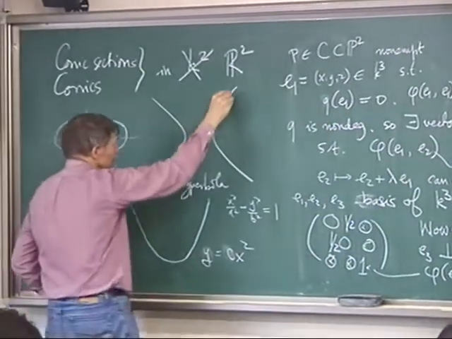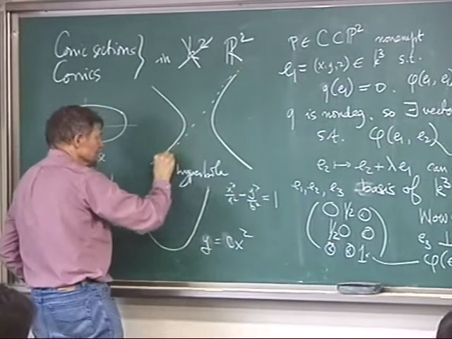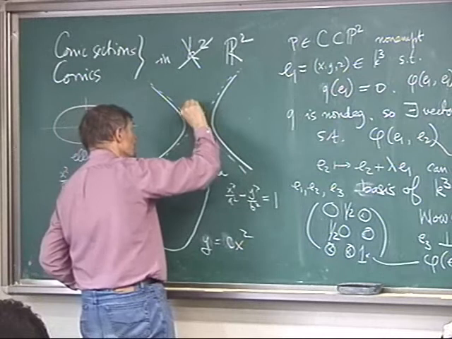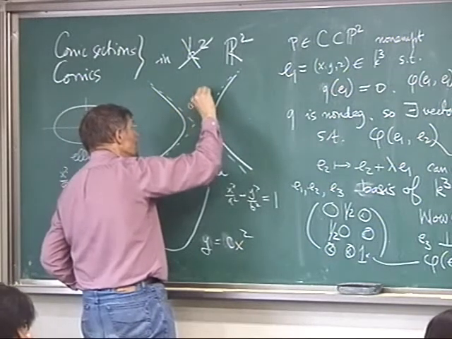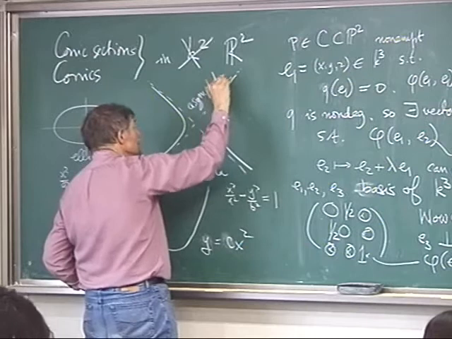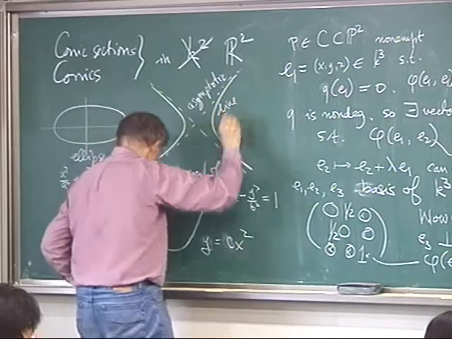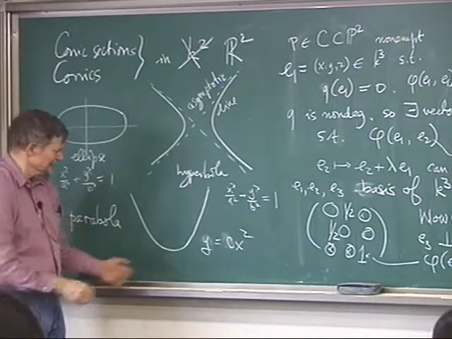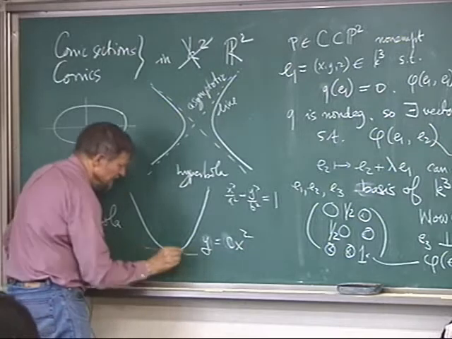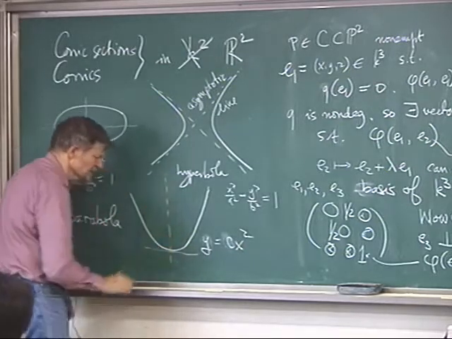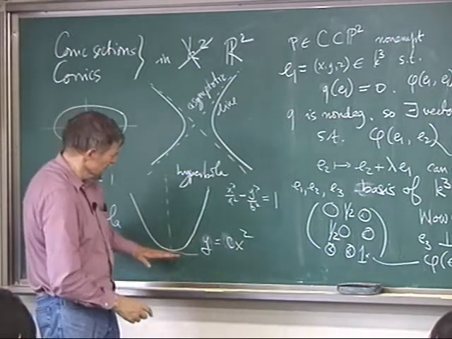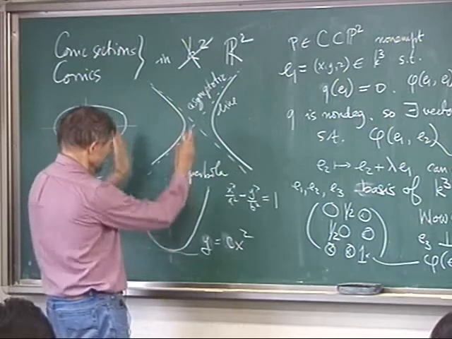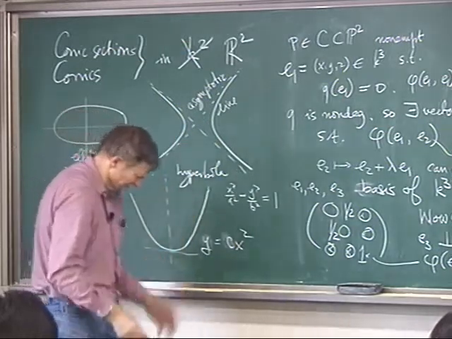This one has 4 branches, 2 different lines going off to infinity, called asymptotic lines. And this one, you don't really see the asymptotic lines. You can argue that as x and y get bigger and bigger, the slope gets higher and higher, and therefore it is asymptotic to this.